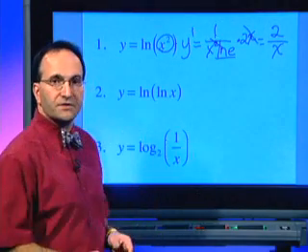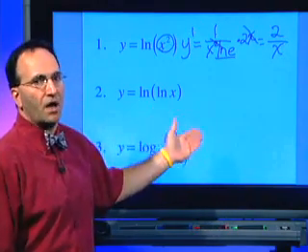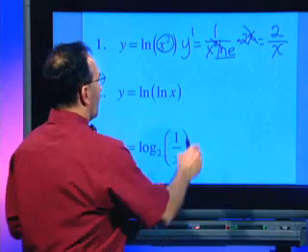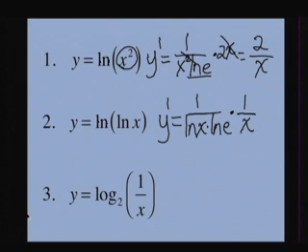Let's do the second example, y equals the natural log of the natural log of x. So y prime will be equal to 1 over the natural log of x times the natural log of e times 1 over x, because we have to take the derivative of natural log of x.